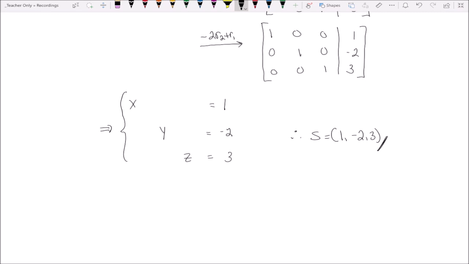Because of how immediate the solution becomes, and because it doesn't involve backward substitution, Gauss-Jordan reduction is the preferred method of solving linear systems.